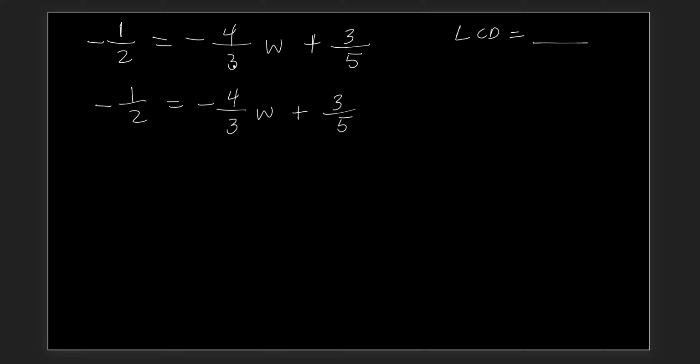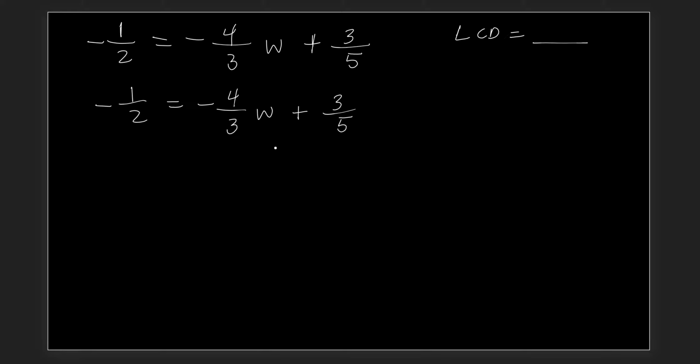5 times 3 is 15. Well, 3 goes into 15, but 2 doesn't. And then what about 20? 5, 10, 15, 20. 2 goes into 20, but 3 doesn't go into 20. You just keep going until you find the LCD. And one way to find an LCD is you could always multiply all of these denominators, 2 times 3 times 5.